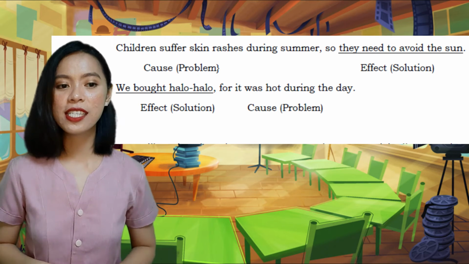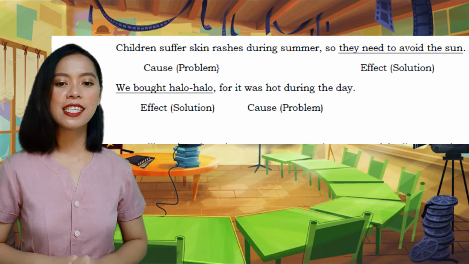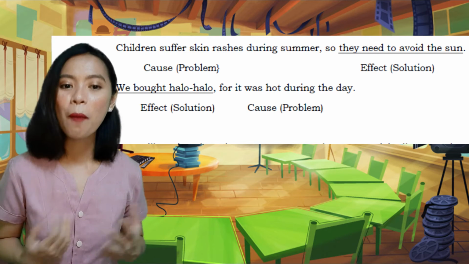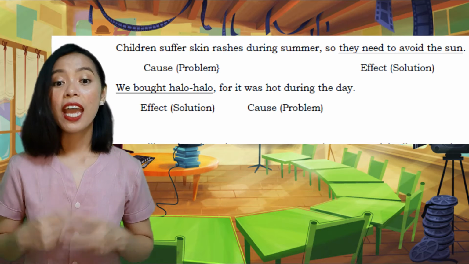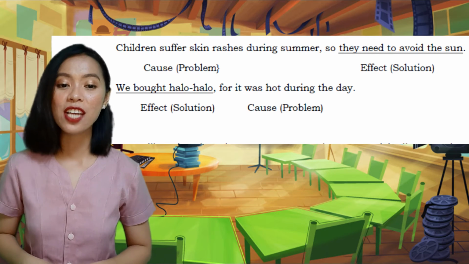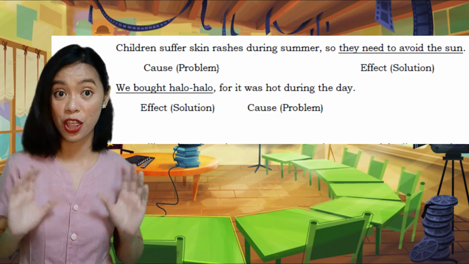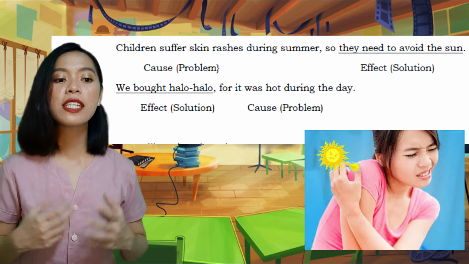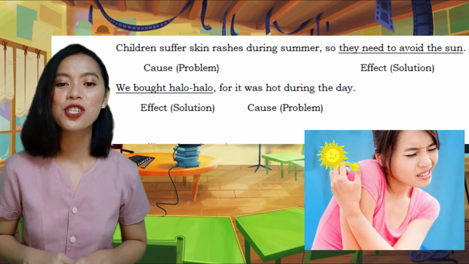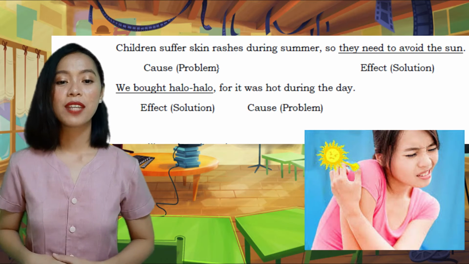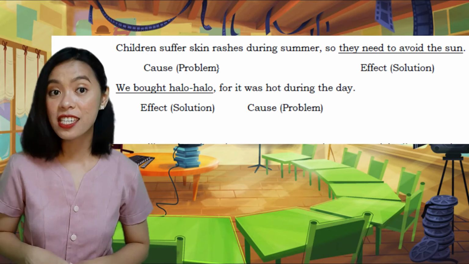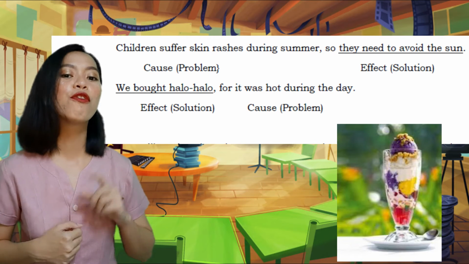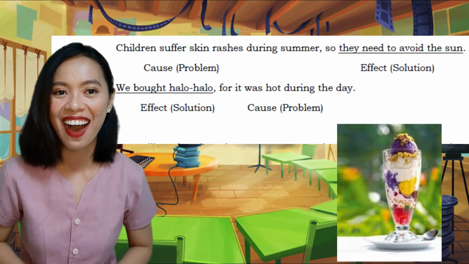In other words, the compound sentences above are examples of a problem-solution relationship. In order to avoid rashes during summer, which is the cause, children need to avoid the sun, which is the solution. Likewise, the problem about having a hot day was solved by having a halo-halo.